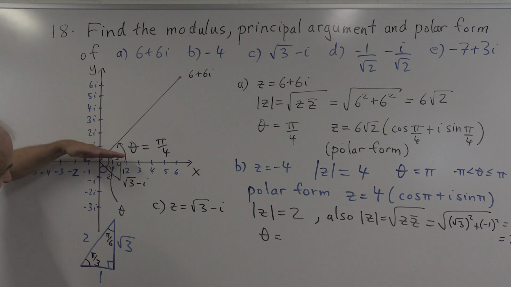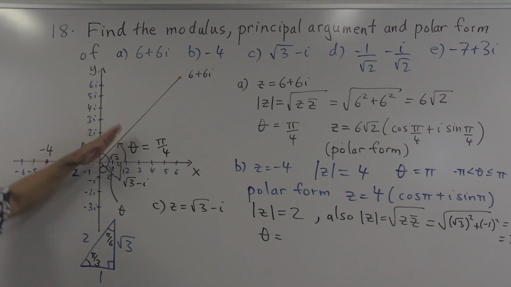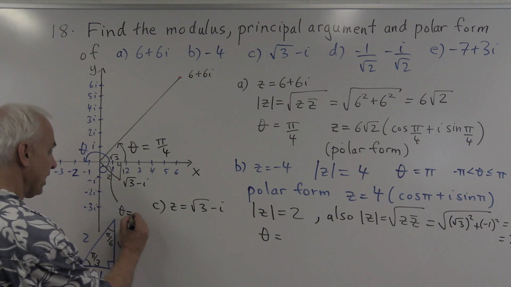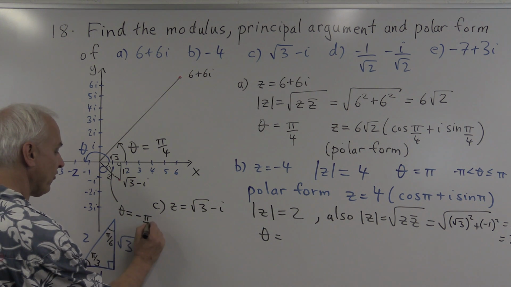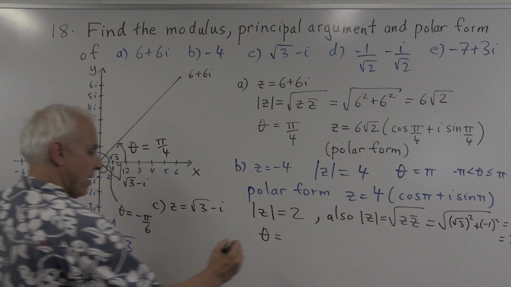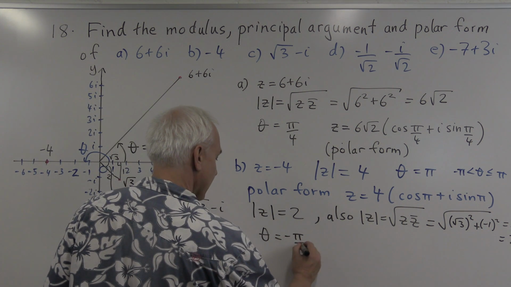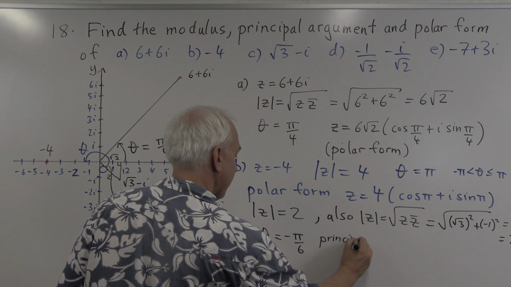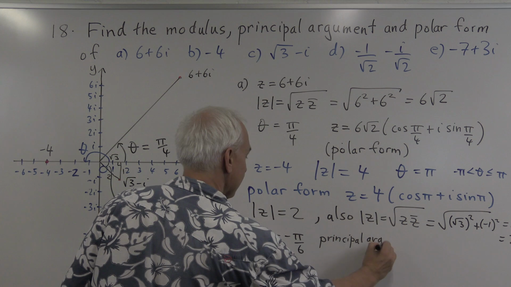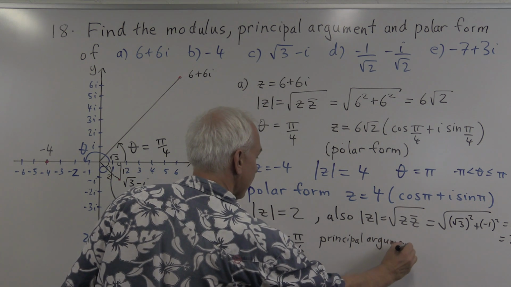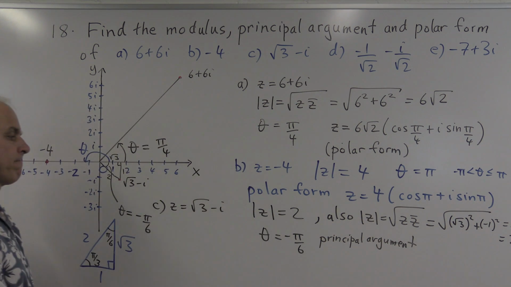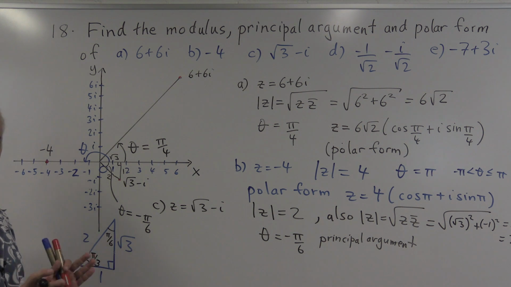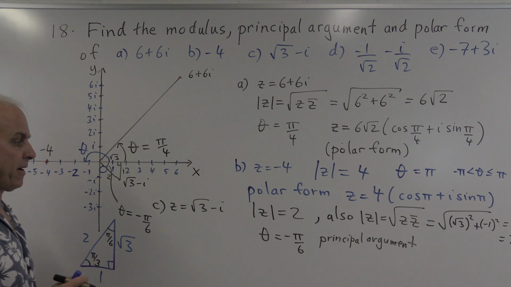But it's 30 degrees in a negative direction because we're not going in the positive direction, we're going in the negative direction. So the angle is minus pi on 6. Minus pi on 6, that is the principal argument. And it's within the required range between minus pi and pi.